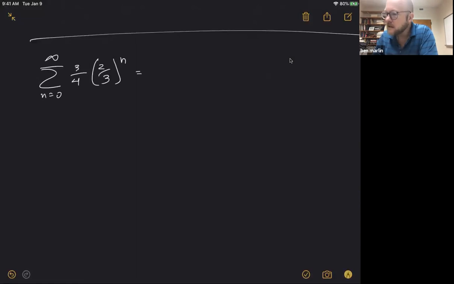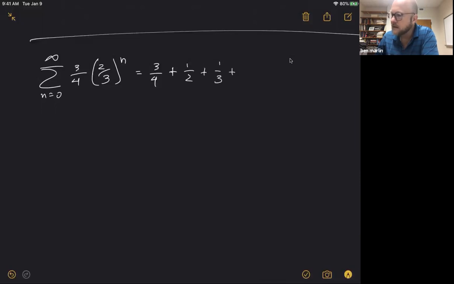If you plug in n equals 0, you have 3/4 times 2/3 to the 0, so it's times 1. But then plus, plug in n equals 1, and you have 3/4 times 2/3, and that gives you 1/2. And then when you plug in n equals 2, you'll have 3/4 times 4/9, and so you end up with 1/3 out of that.